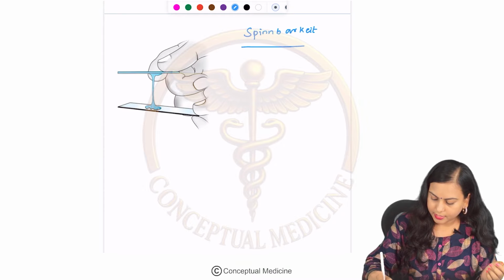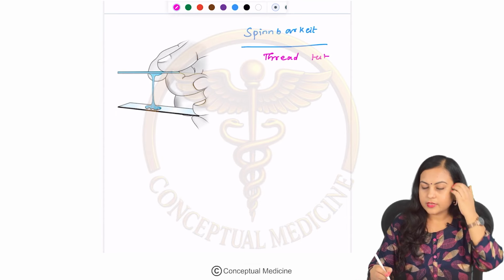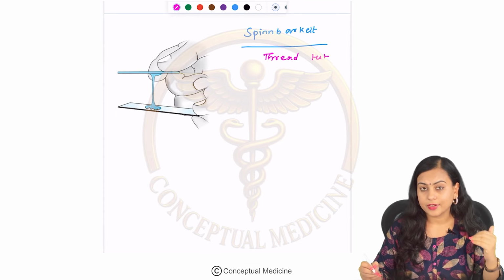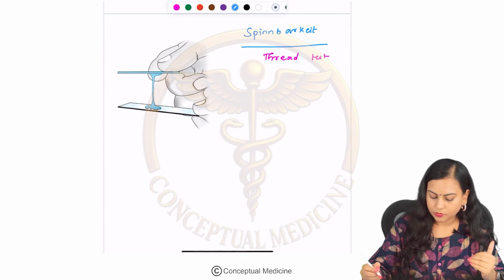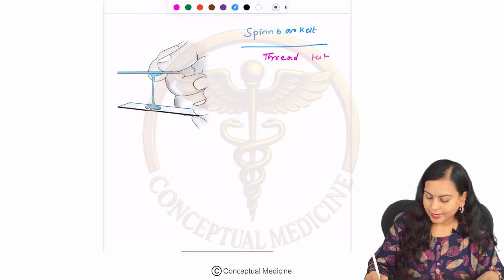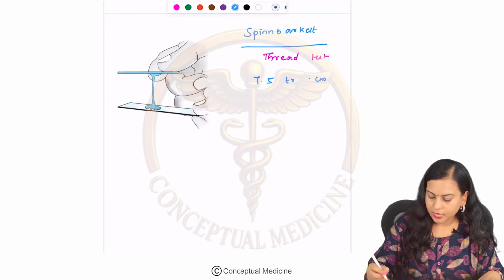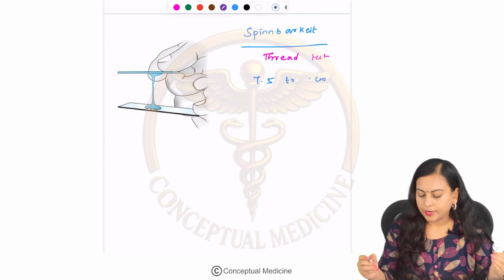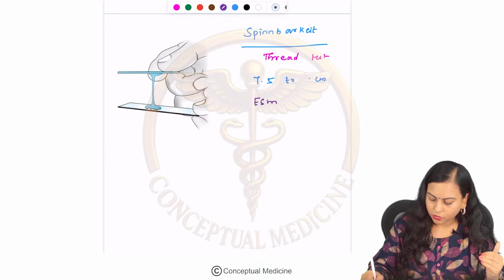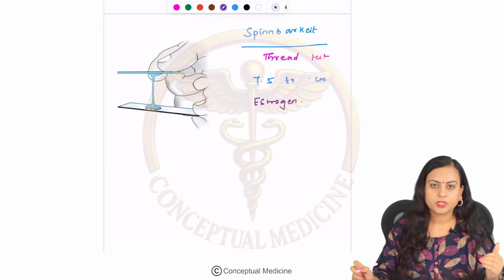Okay, this can be applied as a test as well, which will be called the Spinnbarkeit test or thread test. Okay, so there is excessive stretchability of the cervical mucus during ovulation, where it becomes thread-like and can extend up to 7.5 to 10 centimeters. Okay, it will be seen just before ovulation under the effect of the hormone estrogen, right?